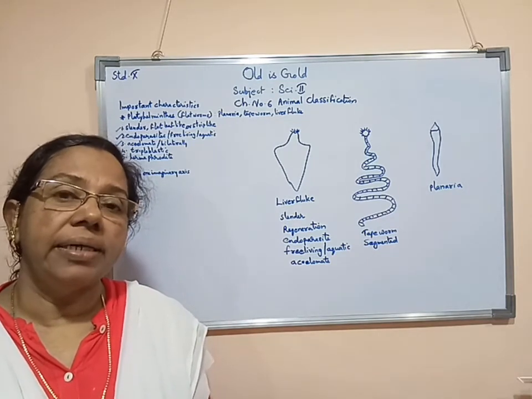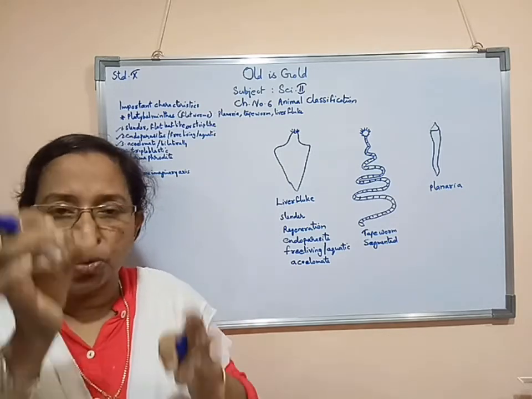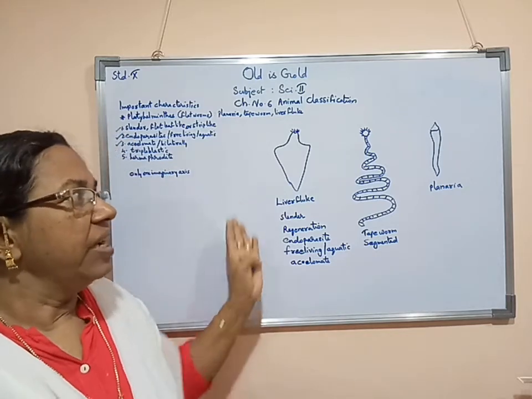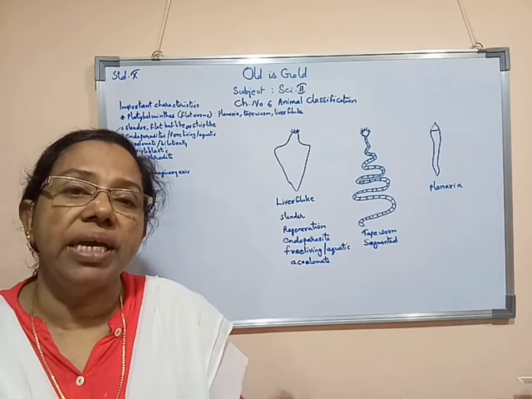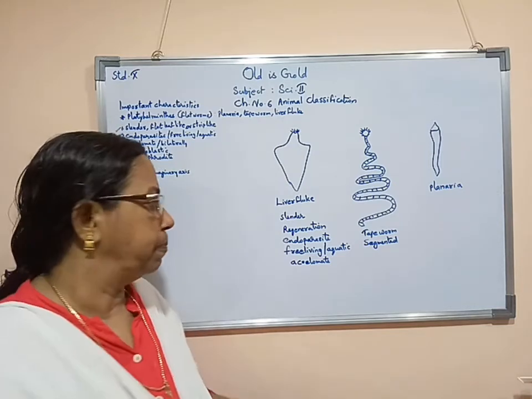In case of Hydra, they are diploblastic. Their body wall has two layers. Inside, a body cavity is there. But in case of these organisms, they do not have any body cavity. So we are calling them acoelomates.